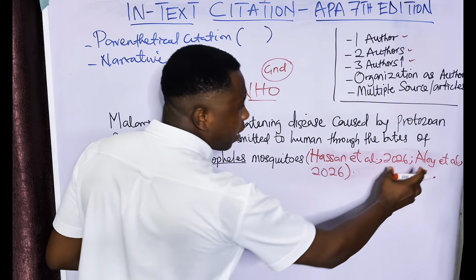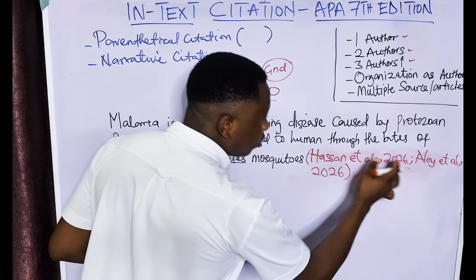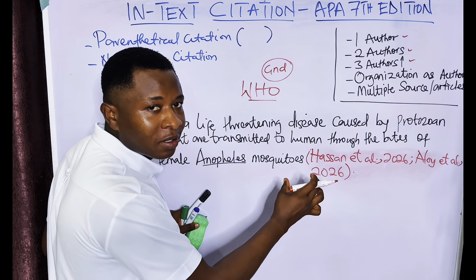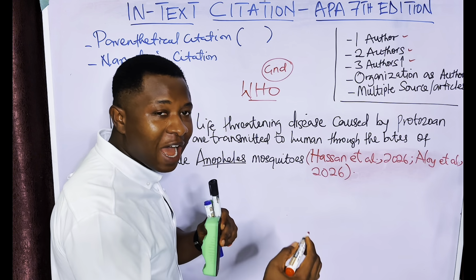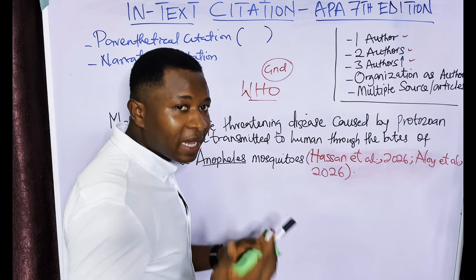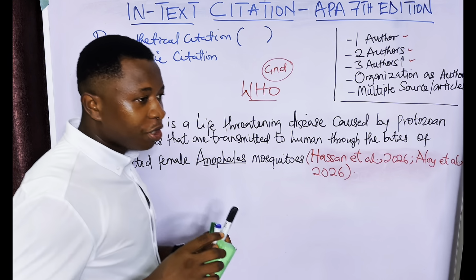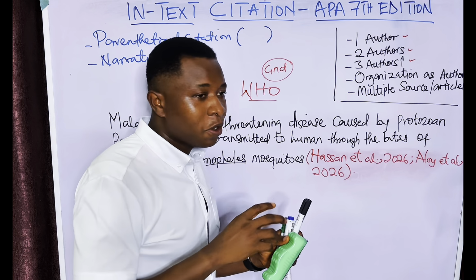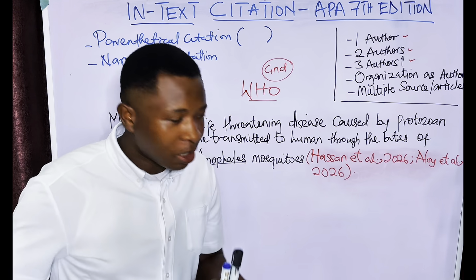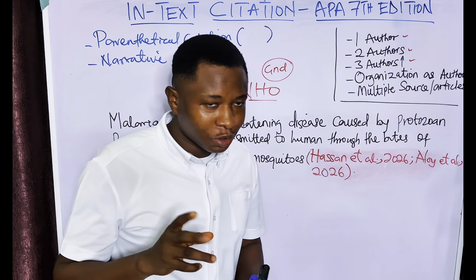But if Alloy was done in 2025 and Hassan was done in 2026, that means Alloy will have to come first. So it has to come in order of how recent the work was done. For example, a work done in 2010 will come first before a work done in 2015, a work done in 2020, and so on. So that's how you cite multiple authors.